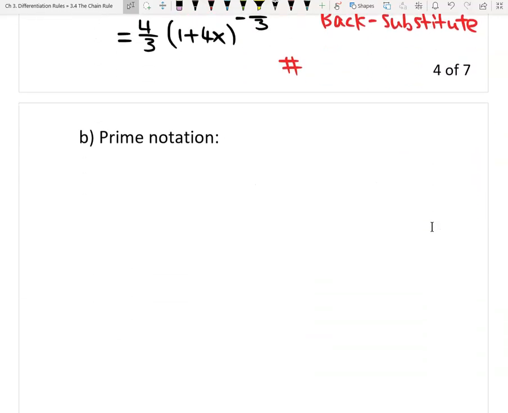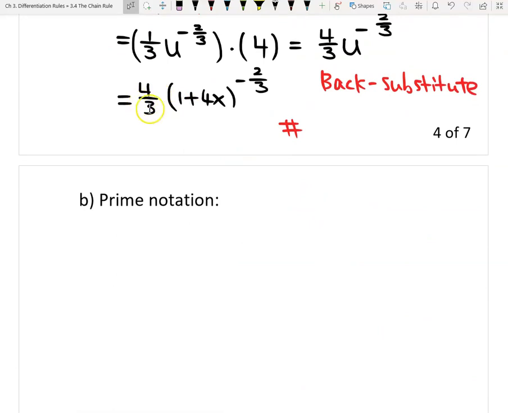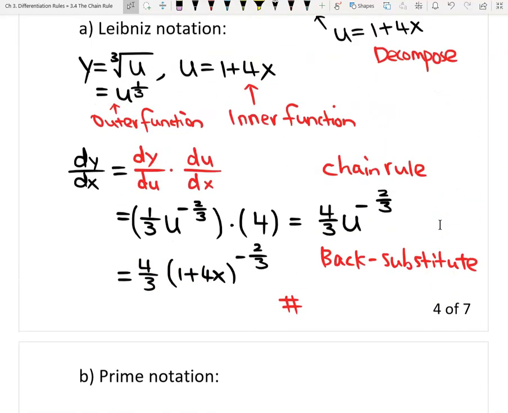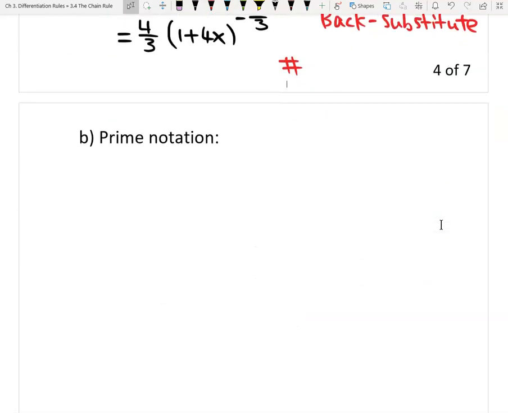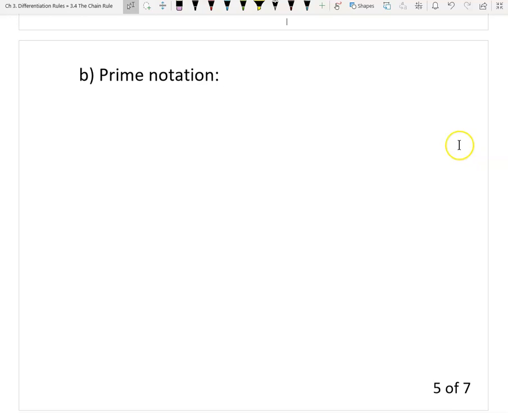prime notation. After we get the answer, we're going to compare to these results. Okay, the prime notation. So remember the function. I have to copy the function first. You see how we can organize this. All we need to do is this: y prime, this is what we call the prime notation, equals what is y.